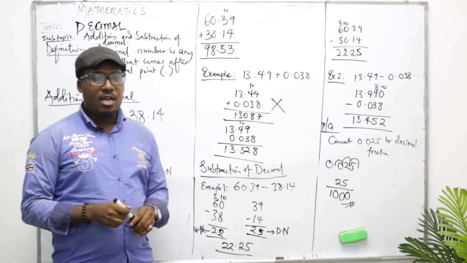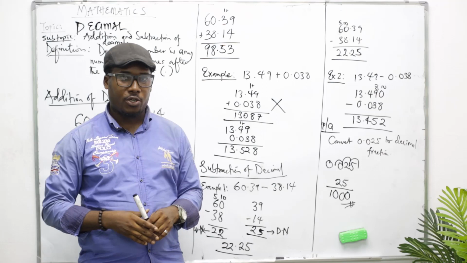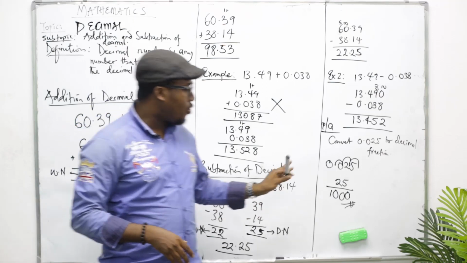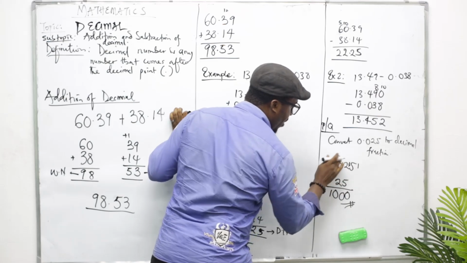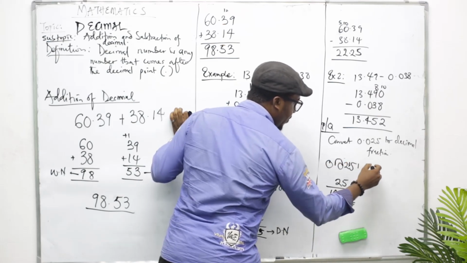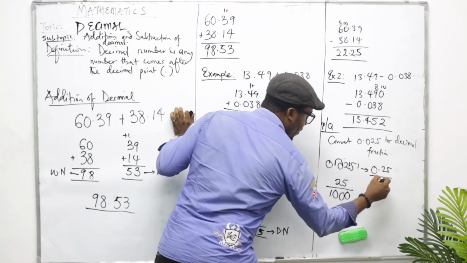Let's say you want to go further. You want to take it up a notch. Now, notice this. Let me do it slowly. When I moved 1, it becomes something like this: 0.25 all over 10.